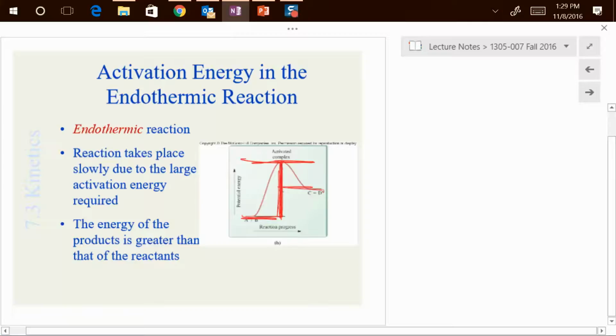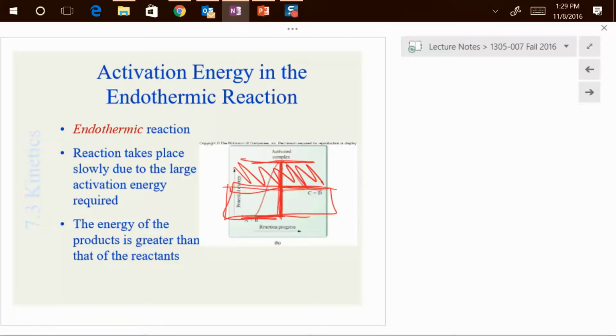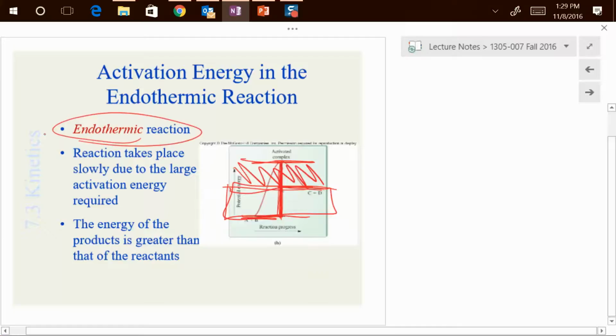So the overall effect is that this amount of energy right here is the amount of energy absorbed, and this energy cancels. Okay, that's the net effect. So I have a greater amount of energy absorbed than released. This is an endothermic reaction.